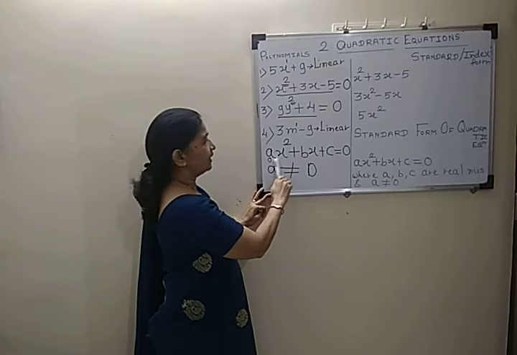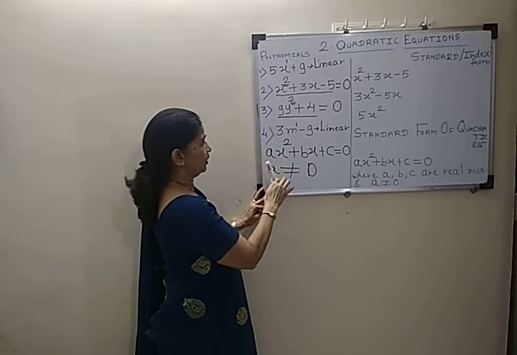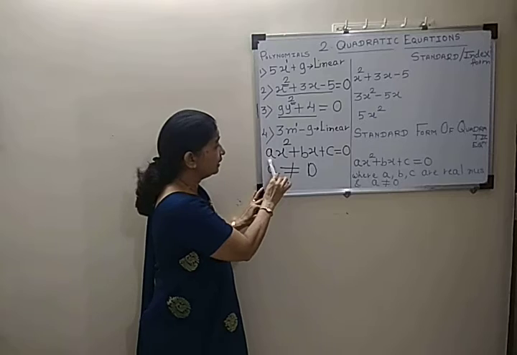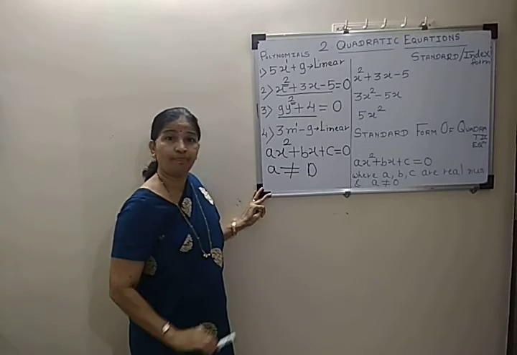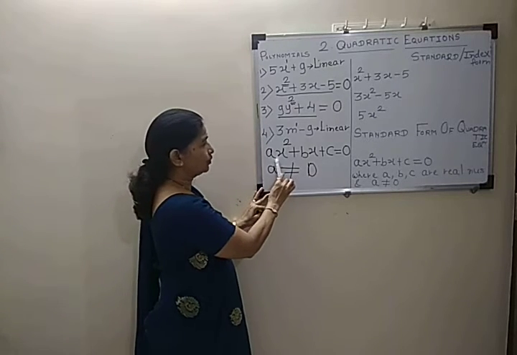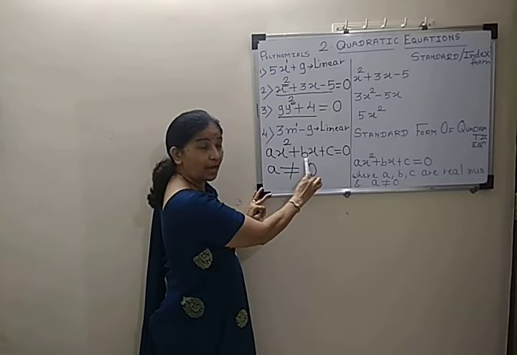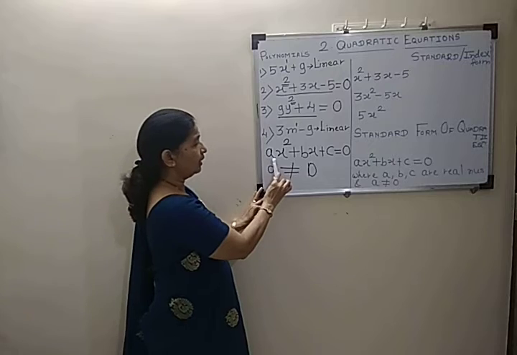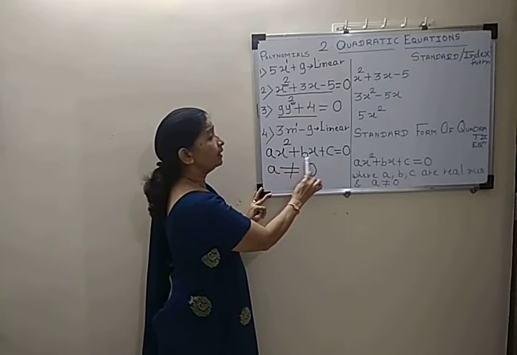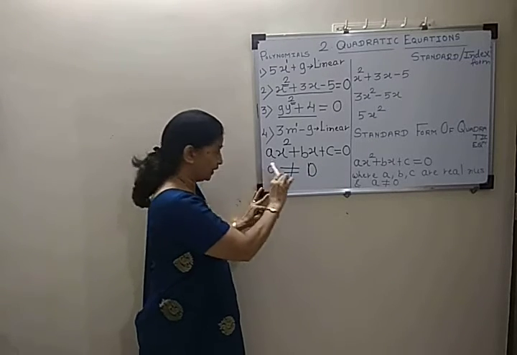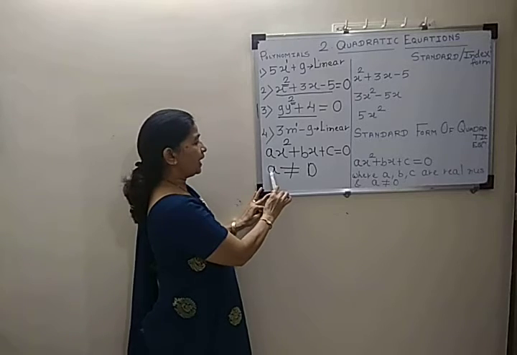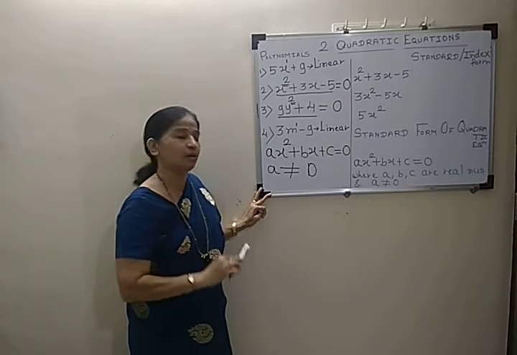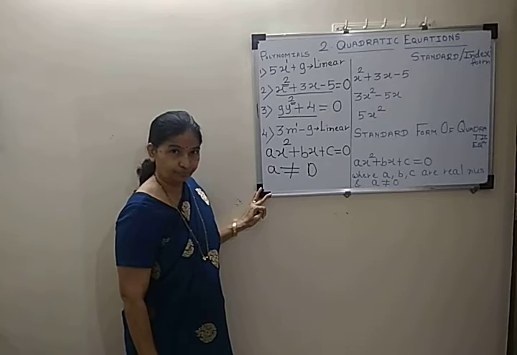So for a quadratic equation, the standard form is ax square plus bx plus c is equal to 0, where a, b and c must be real numbers and a should not be equal to 0.